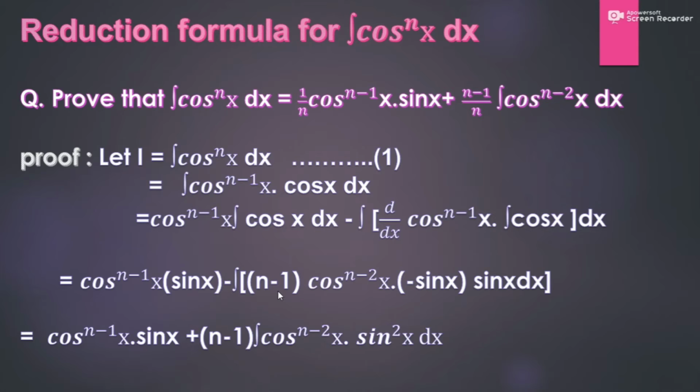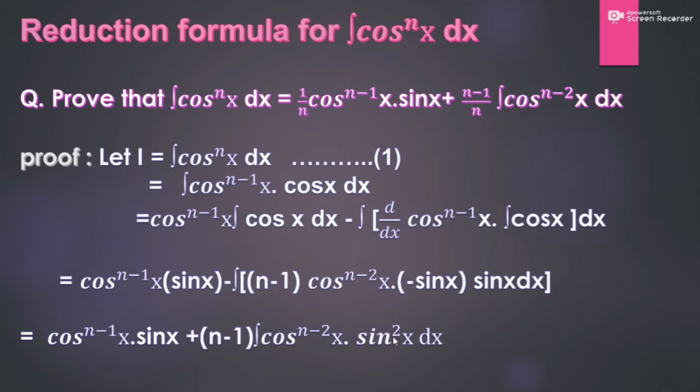Then the remaining terms in the integral are cos^(n-2) x into sin x into sin x, which becomes sin^2 x. So we have cos^(n-1) x sin x plus n minus 1 into the integral of cos^(n-2) x sin^2 x dx.